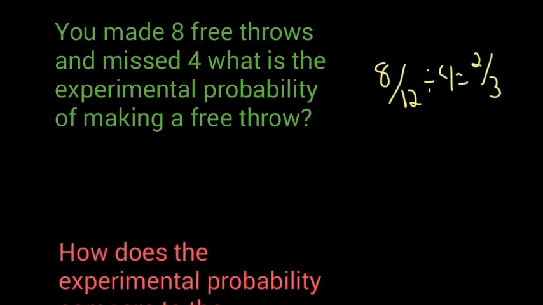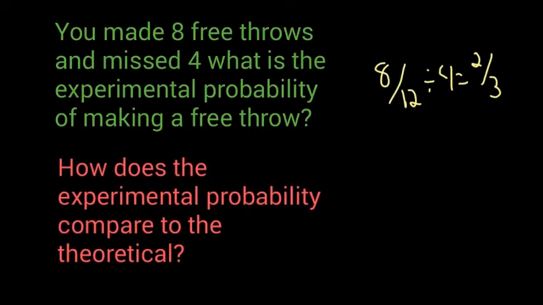So now let's bring in a second question here. How does your experimental probability compare to the theoretical? Our theoretical would be, you only have two options: you can make the shot or you can miss the shot. So our theoretical would be 1/2, and we need to compare this. We can compare it simply by saying 2/3 is greater than 1/2. But we can also find out how much greater it is.